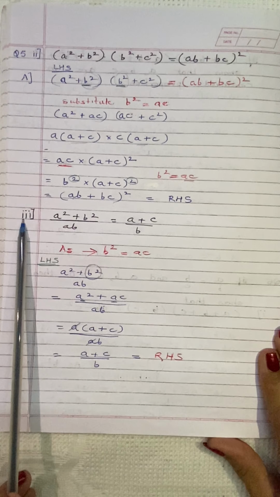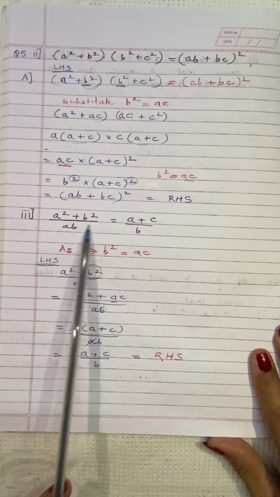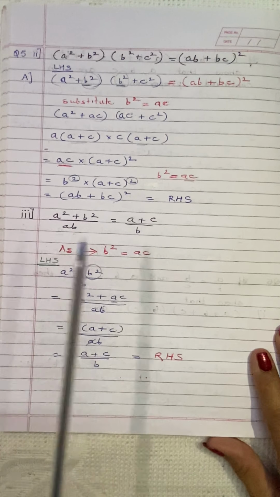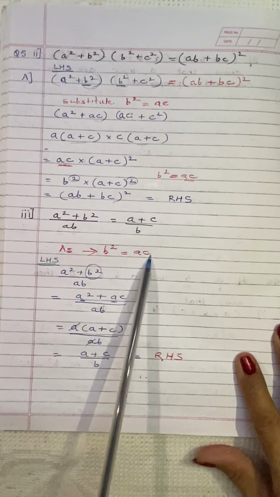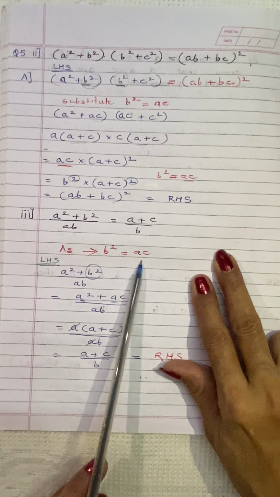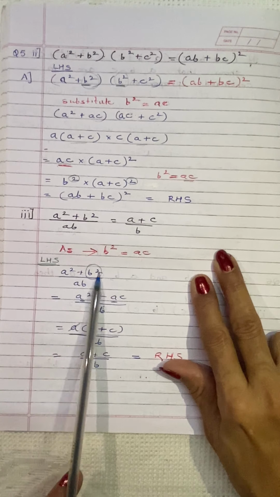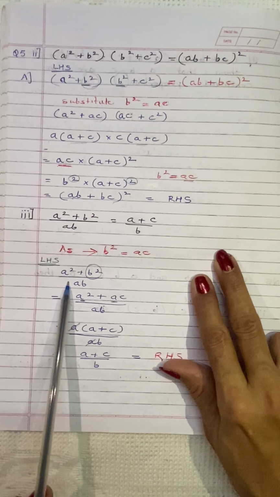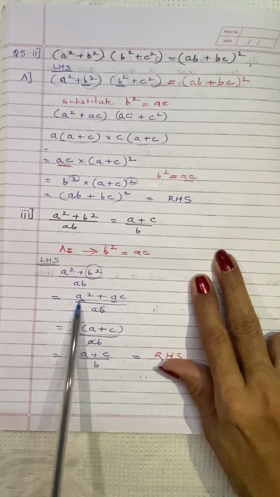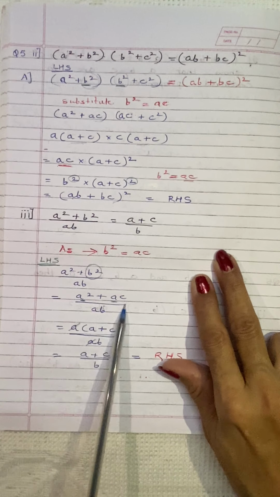Now sub question 3 of the same question, (A² + B²)/(AB) and (A + C), which should be equal to (A + C)/B. As B² is equal to AC, wherever there is B², we will substitute it with AC. So (A² + B²)/AB is the left hand side expression. So we will substitute B² as AC. So (A² + AC)/AB.